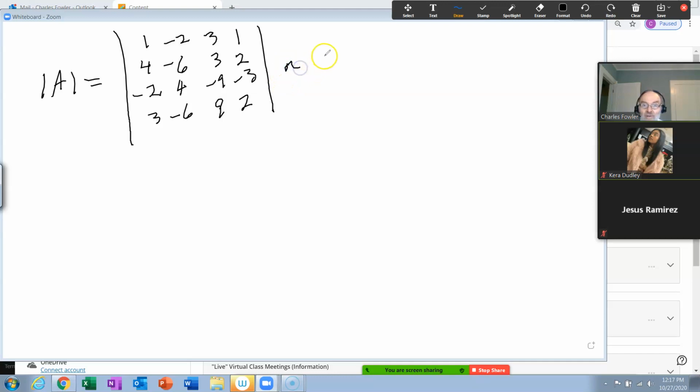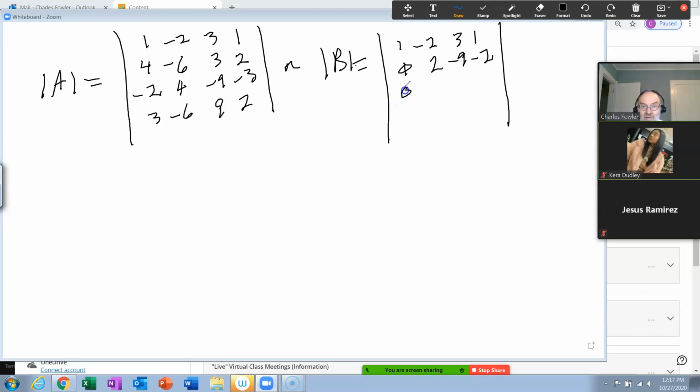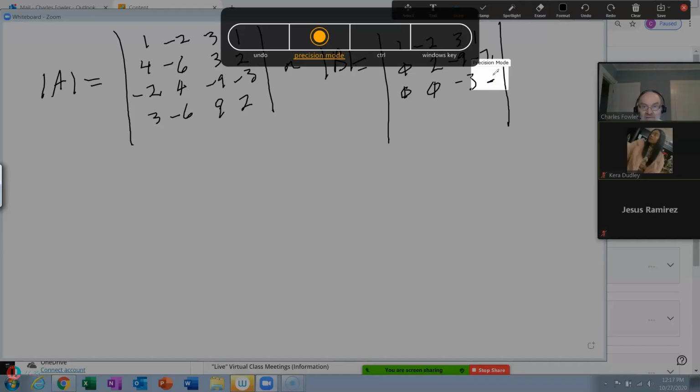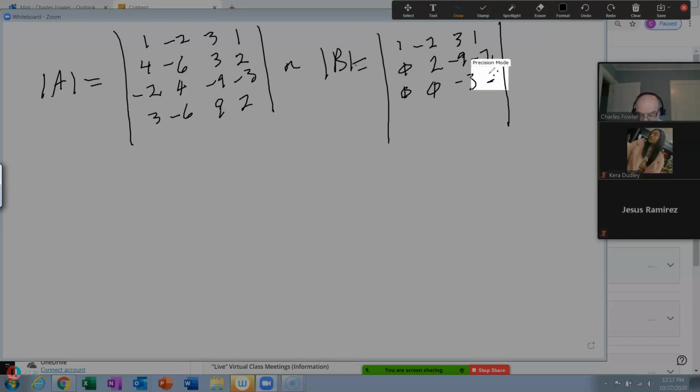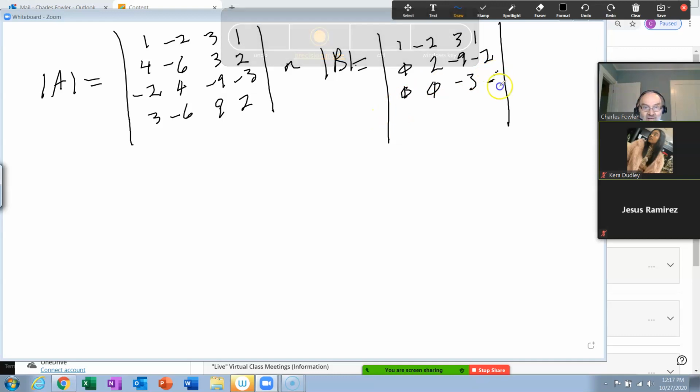Or determinant of B, which would be 1, negative 2, 3, 1; 0, 2, negative 9, negative 2; 0, 0, negative 3, negative 1; and 0, 0, 0, negative 1.